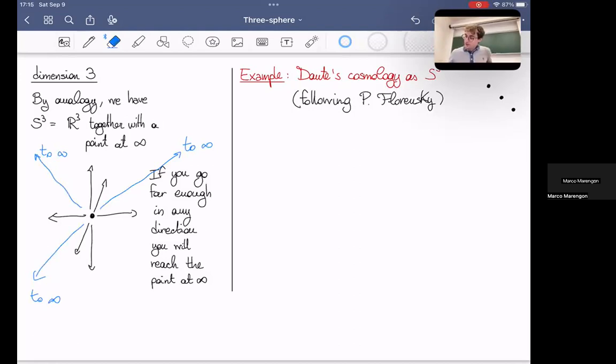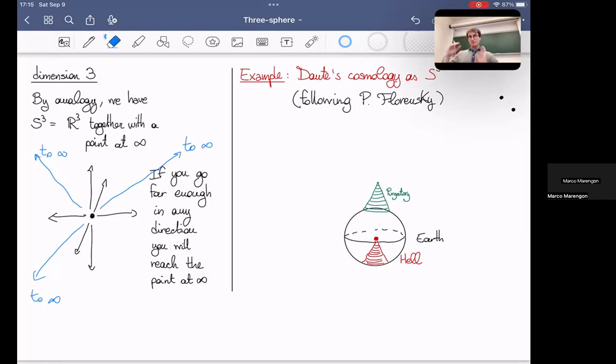So how does Dante's cosmology work? There's Earth, and then hell is envisioned in Dante's Comedy as a hole pierced inside Earth of a pyramidal shape.